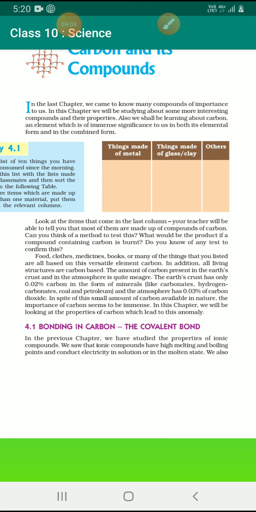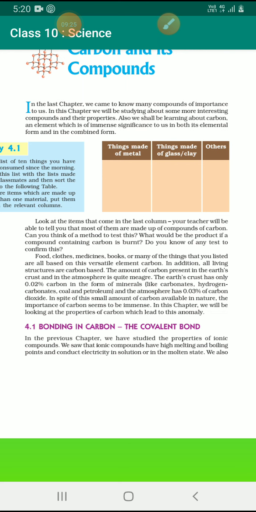The amount of carbon present in the earth's crust and the atmosphere is quite meager, very small. The earth's crust has only 0.02%. Remember this, so that you can answer MCQ questions you may get. The amount of carbon present in the atmosphere is 0.02%.